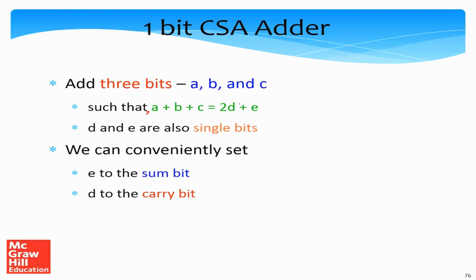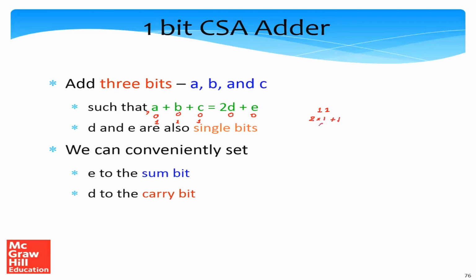Let us consider the smallest values of A, B, and C and the largest values. The smallest values are 0, 0, and 0. So we'll have D as 0, where the sum is 0, and we'll have E as 0. If we consider the largest values, which are 1, 1, and 1, then the sum is 1 plus 1 plus 1, 3, which is 11 in binary, which is equal to 2 times 1 plus 1.